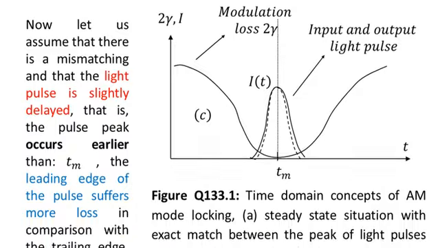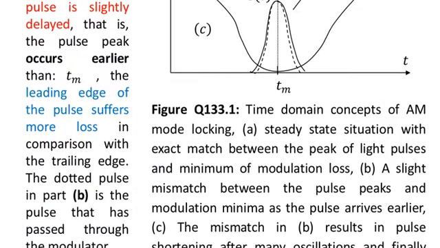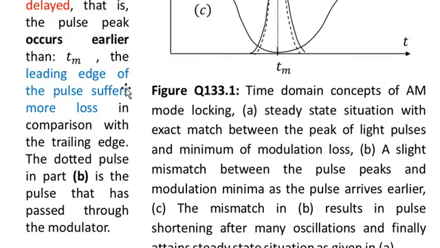And you know that Tm is the time at which the loss curve presented by the modulator has a minimum loss. That is, the pulse peak occurs earlier than Tm. The leading edge of the pulse suffers more loss in comparison with the trailing edge.